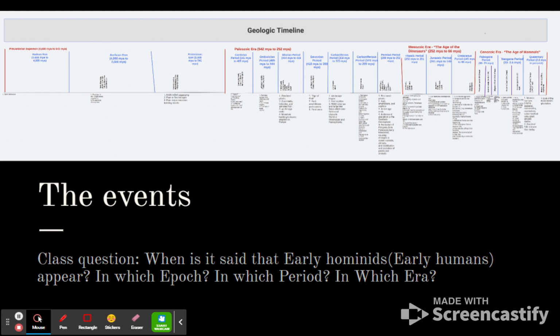There we go. Neogene, actually. Really? Yep, that's what I had. The early hominids, not the Homo sapiens, the early hominids events occurred in the Neogene period. Oh, wait. Am I in the right one? I'm going to have to double check that because I feel like I may have changed that because my next question is not about hominids.